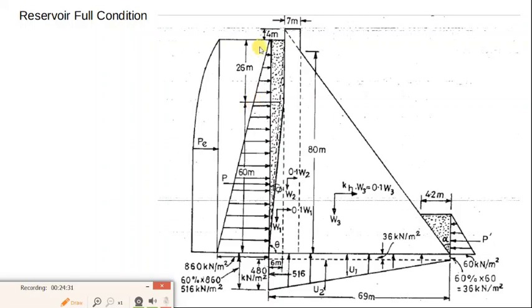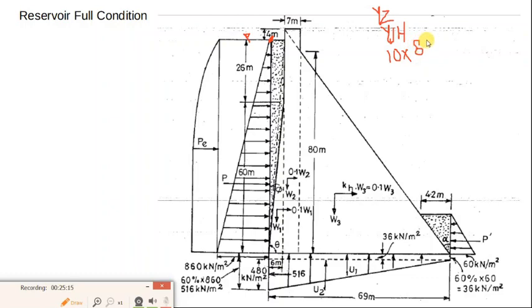The pressure at the top, at the still water level, is 0, and it is maximum at the base, because hydrostatic pressure is equal to gamma W into Z. At the still water surface Z is 0, so pressure is 0, and at the bottom it is gamma W into H, because the height is, say, H. So gamma W is 10, H is 86 here.